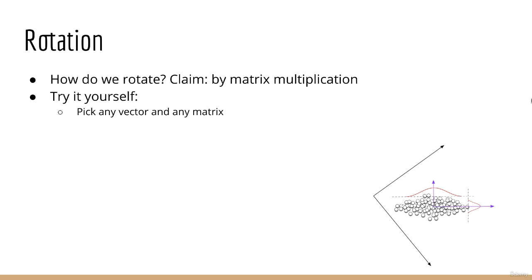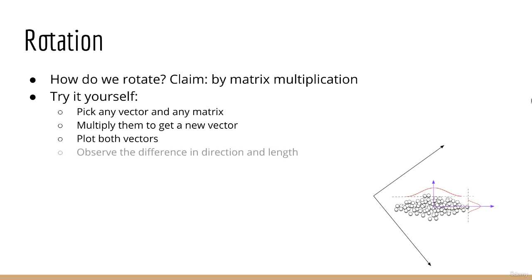Draw the vector on a piece of paper. Then multiply the matrix by the vector. You should end up with a new vector. Draw the new vector on the same piece of paper. You should observe that the new vector both rotates and stretches the original vector. That is, the new vector is now pointing in a different direction and has a different length.